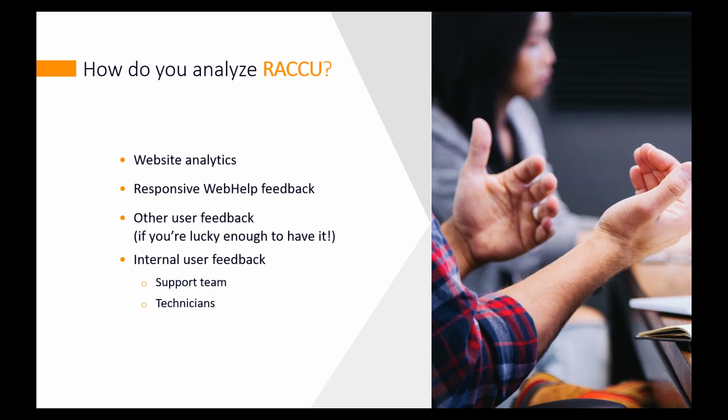This at least tells you which pages or topics are getting the most and fewest hits, and that's a good clue as to what is the most relevant. If you don't have the capability to run analytics and you don't get much feedback from your users, and if you don't, you are far from alone, then maybe you can get some help from your internal users, such as a support team or technicians, and they can tell you what they have found helpful or less than helpful about your documentation.